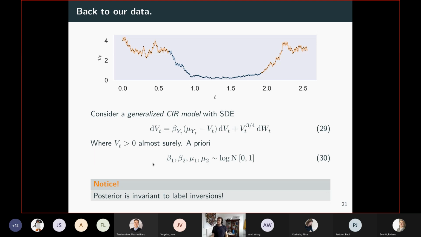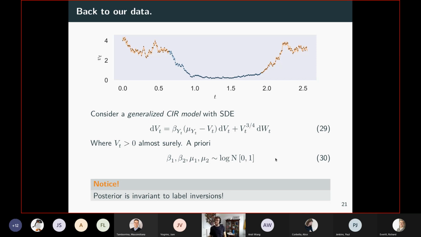And we're going to use the prior on the parameters of the diffusion corresponding to independent log normals for all the individual parameters. So there is one mean reversion parameter for each state of y and one stationary mean parameter. And so the posterior here is actually invariant to label inversions.